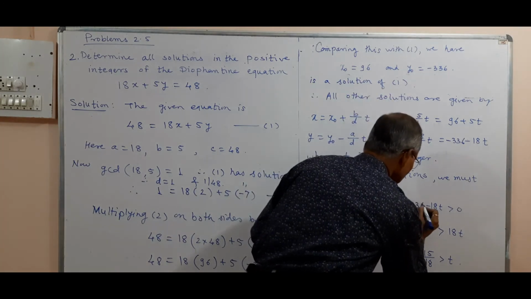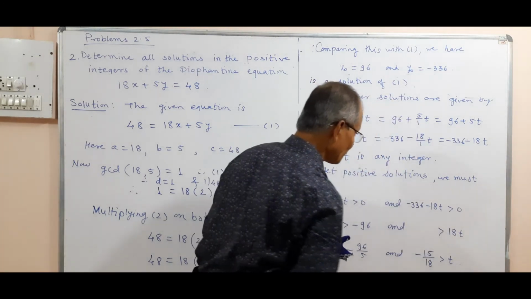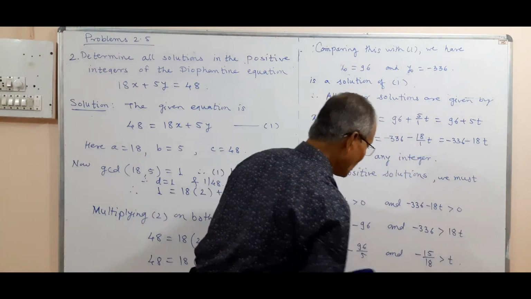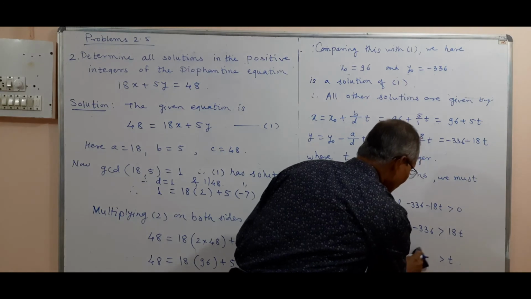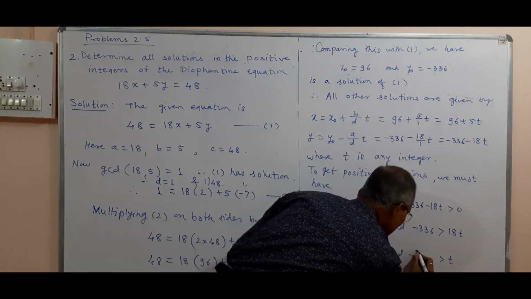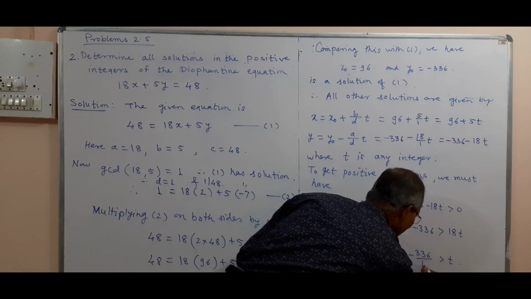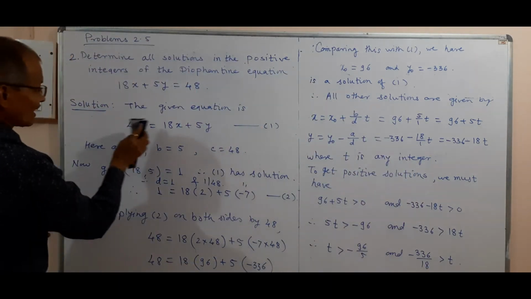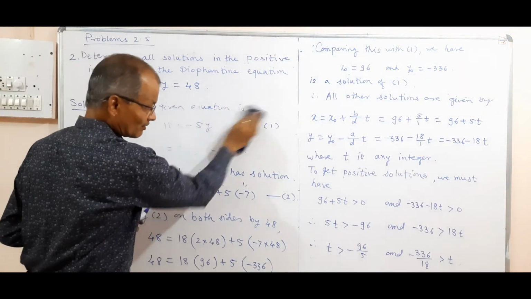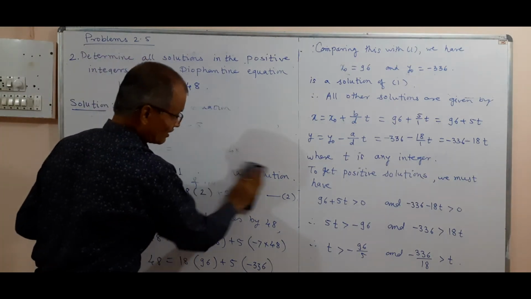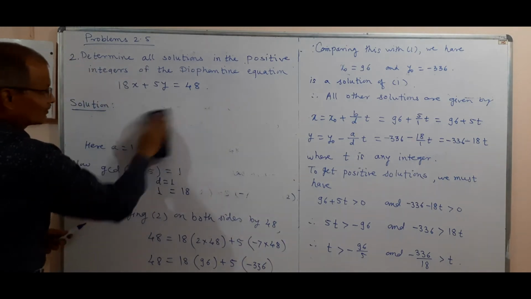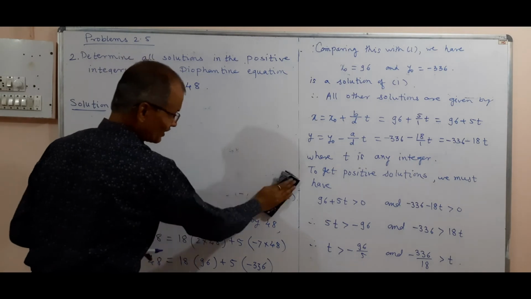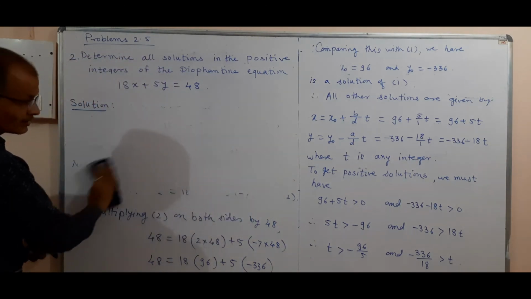Minus 336 minus 18t is positive, or this gives minus 336 is greater than 18t. This means divide both sides by 18: minus 336 divided by 18 is greater than t. We reduce the number, and now we consider first that t is greater than minus 96 by 5, which we keep as it is, or minus 96 by 5 is less than t.